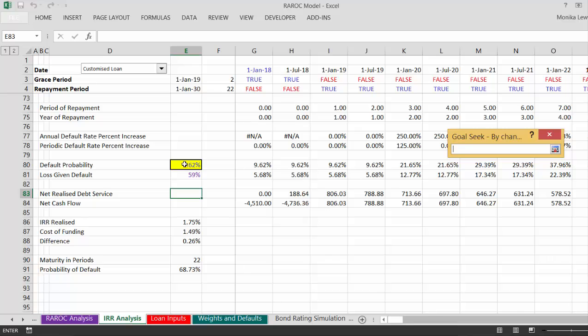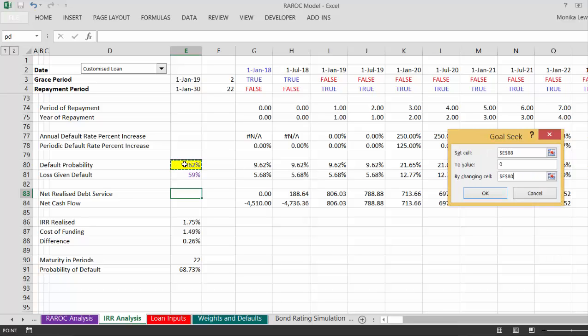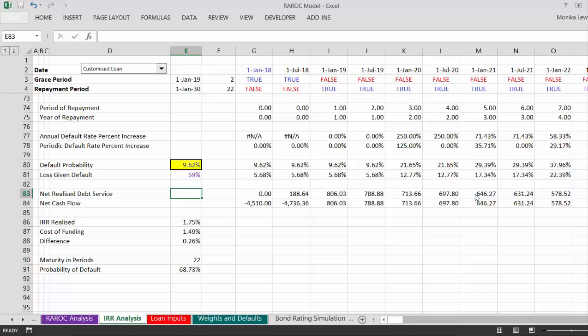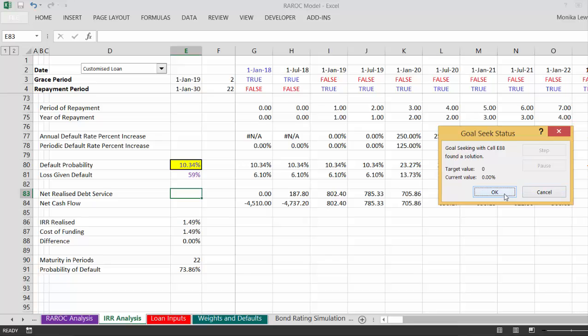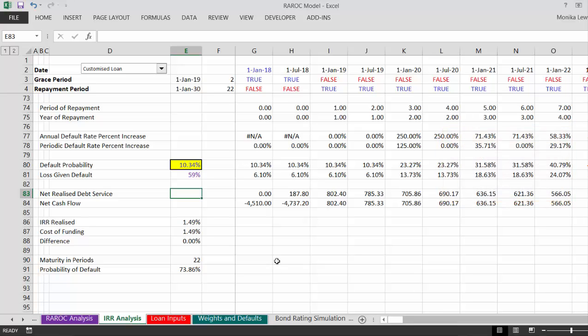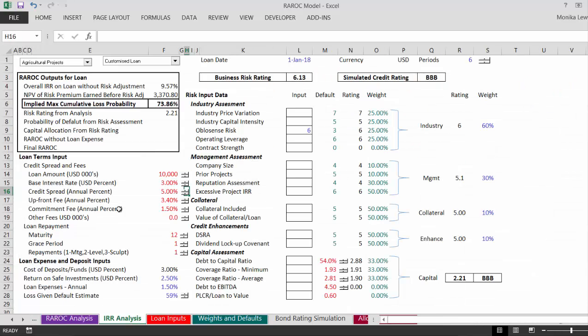Get used to that by changing this one, and then we'll press OK, and we did, and I didn't make a macro when I did this. What an idiot. So let's make the credit spread go down a little bit.